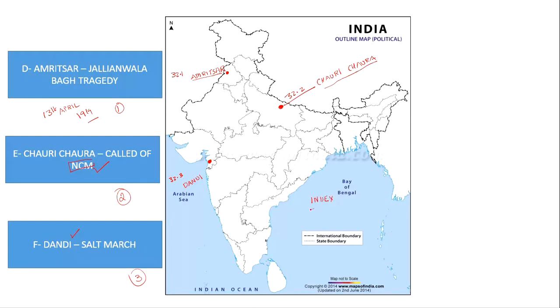You can also give an index if you want. Table index, you know that. Here you can write 32.1, which place. You can write Amritsar. You can write 32.2. You can write Chauri Chaura, and 32.3 you can write Dandi.